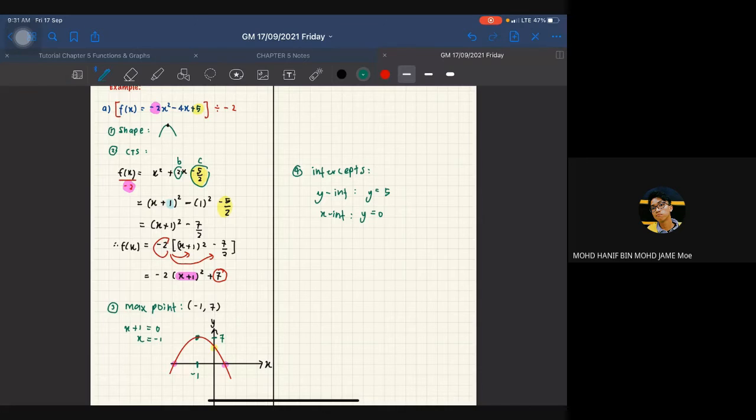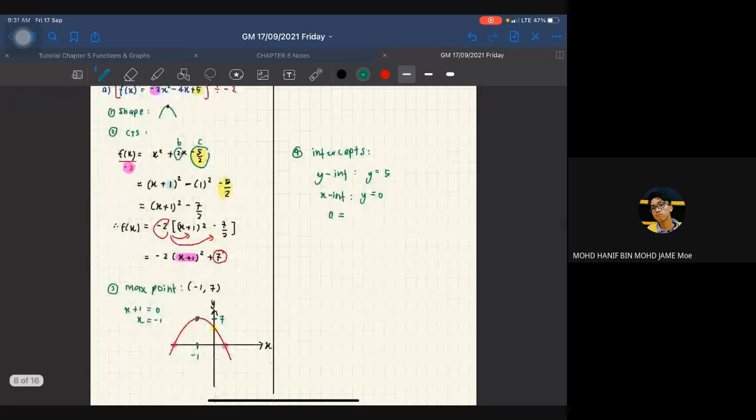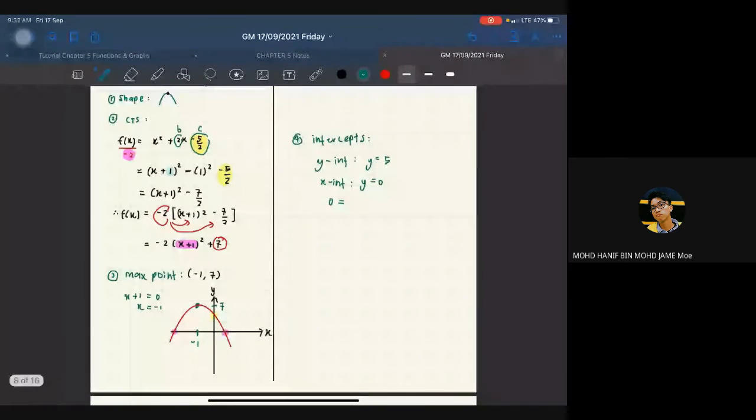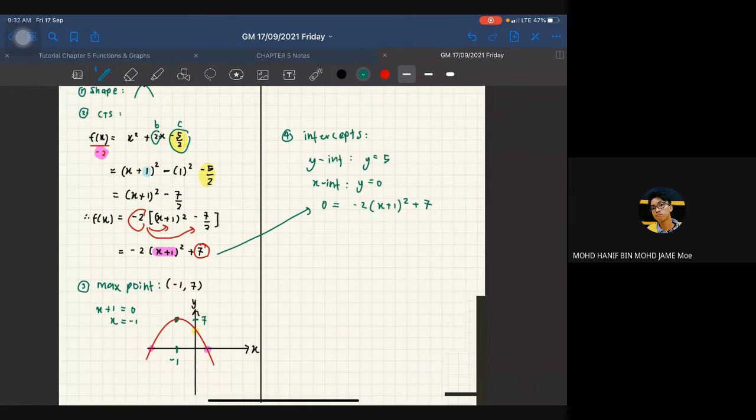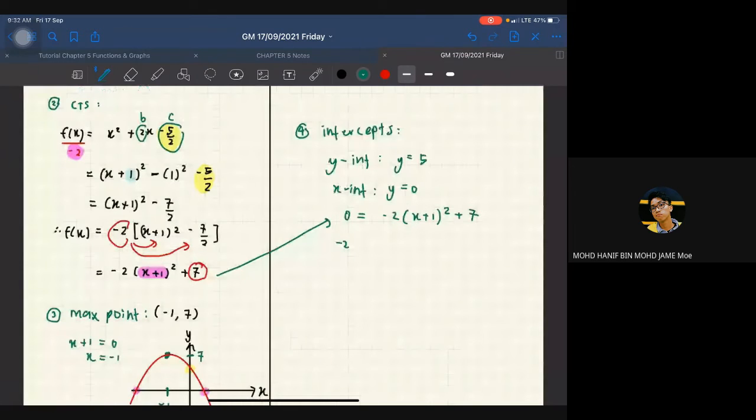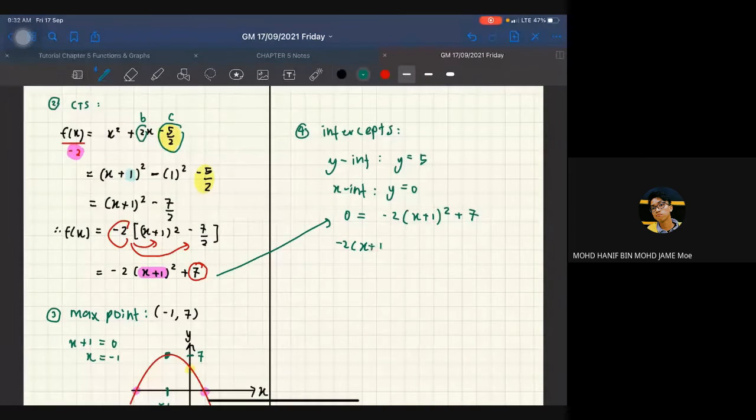So you have 0 equals to, awak ambil yang awak dah CTS kan tadi. This one. So you have negative 2x plus 1 square plus 7. Okay, so sekarang awak nak cari nilai x. So pindahkan, negative 2x plus 1 square equals to 7.